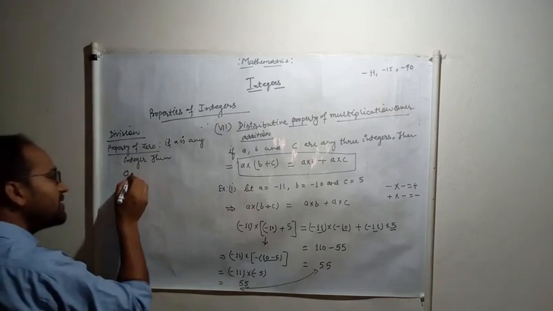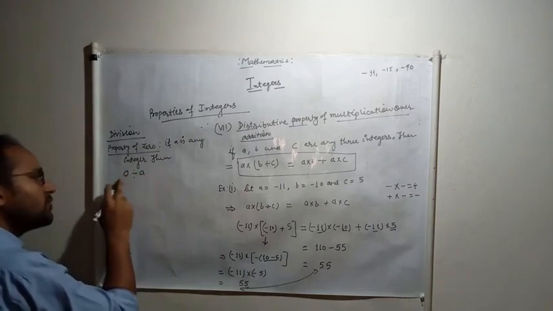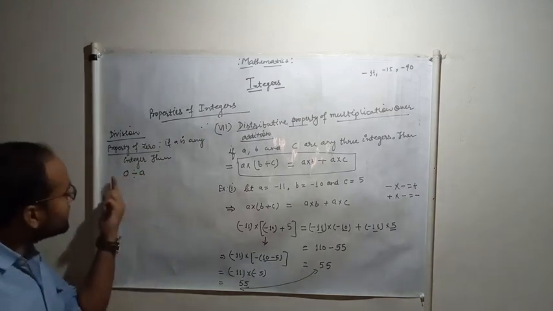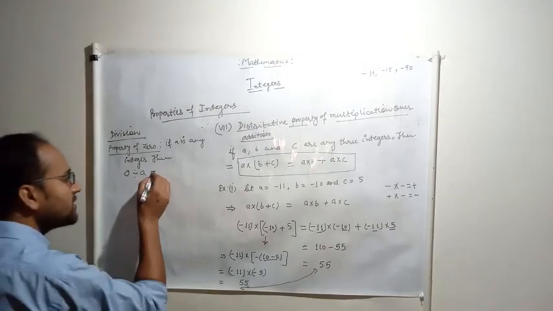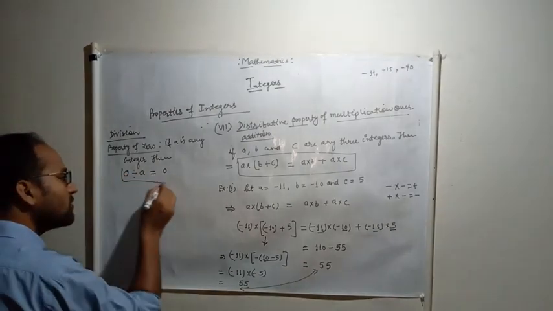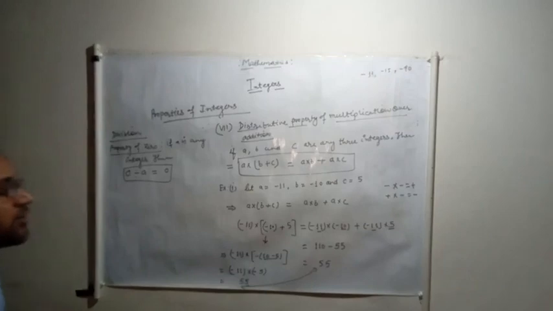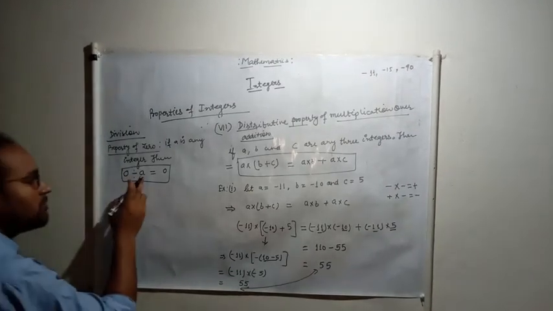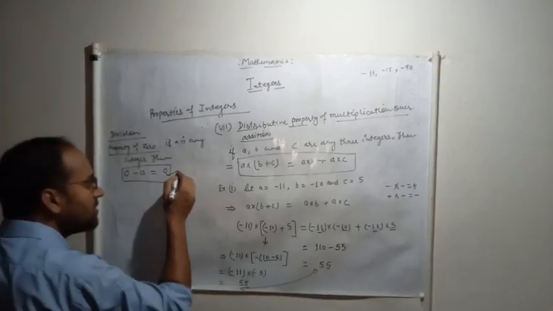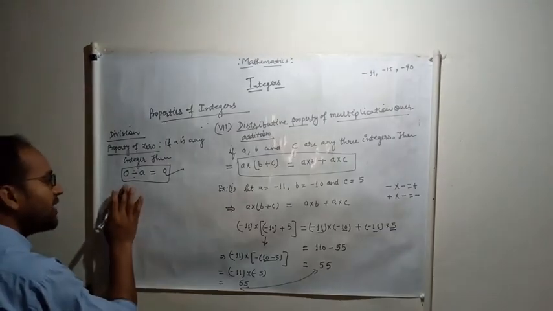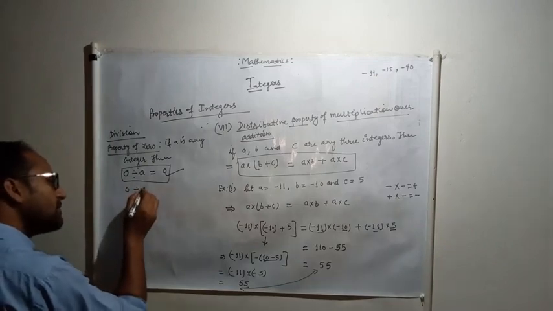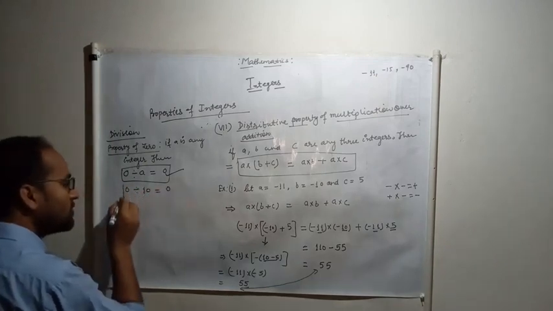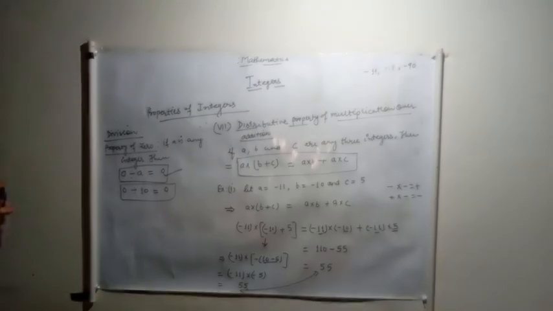And if you divide 0 by that integer, your result should be 0. Means a is a non-zero integer, and if you divide 0 by that integer, your result should be 0. For example, if you divide 0 by 10, then your result should be 0. So you always remember that, students.